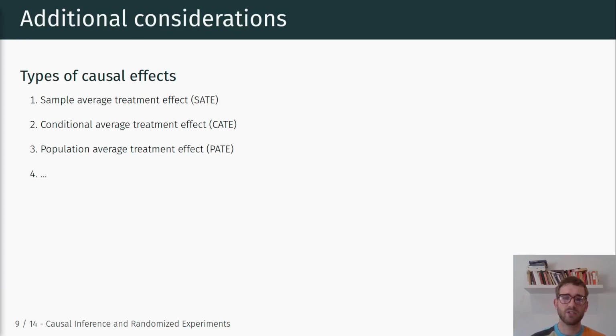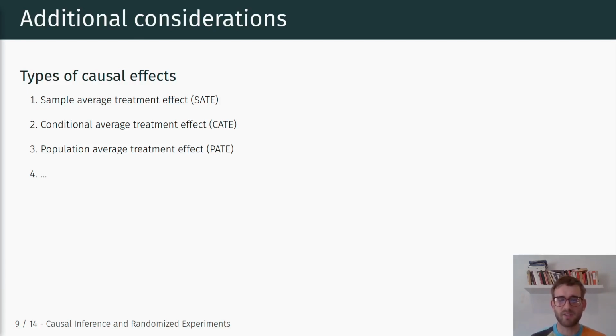In those cases you can estimate different types of causal effects, like the intention to treat effect, which is just the effect of the treatment assignment itself, disregarding whether that person actually complied, or local average treatment effects, which are basically conditional average treatment effects, conditioning on people having received the treatment, for example.